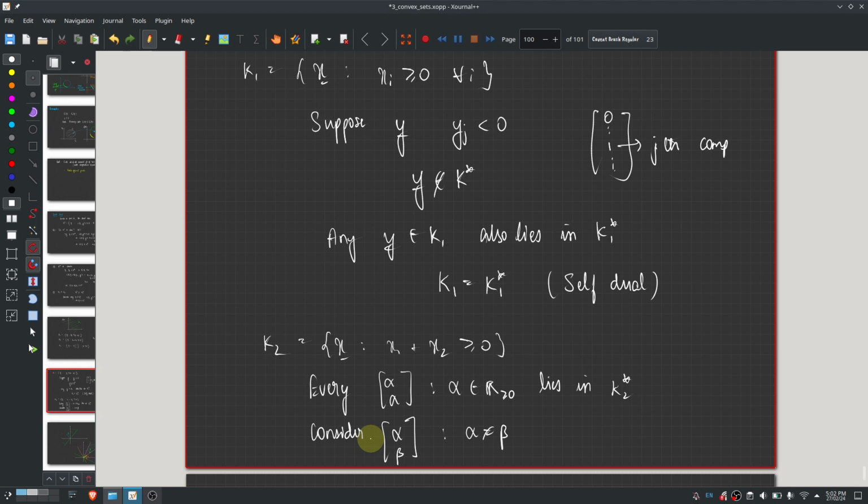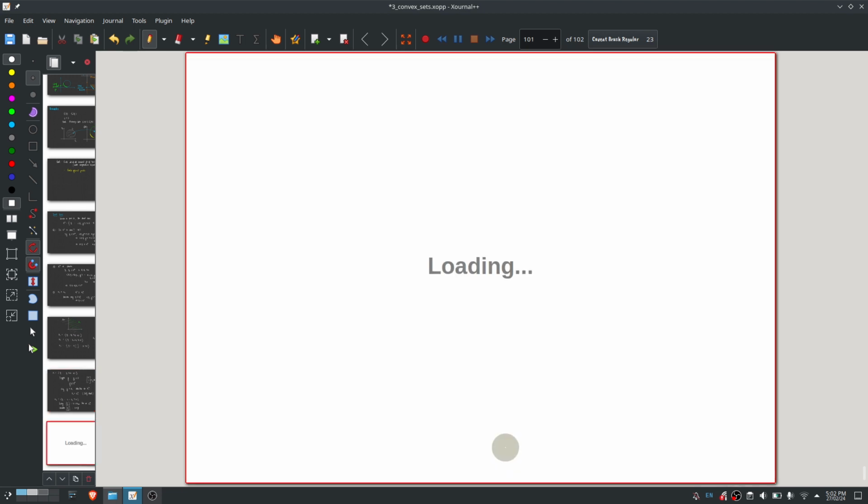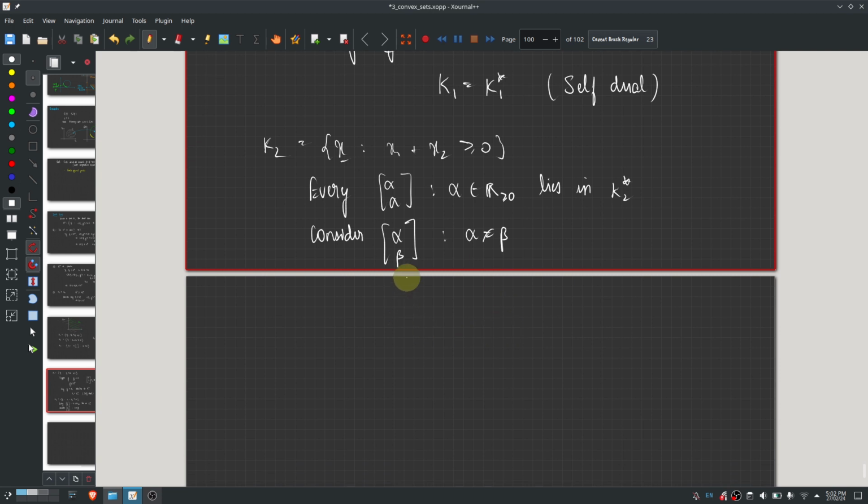Correct. So again, I want something that's general, right? For any (alpha, beta). But you're close. So (1, minus 1) may not work for all possible (alpha, beta). But then you can consider either (1, minus 1) or (minus 1, 1). If alpha is not equal to beta, then either alpha minus beta is less than 0 or beta minus alpha is less than 0.